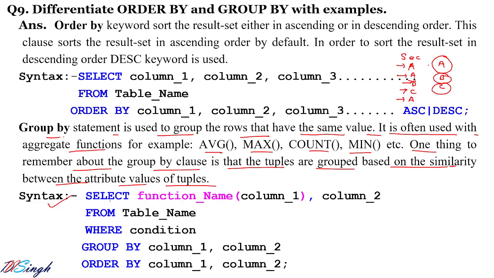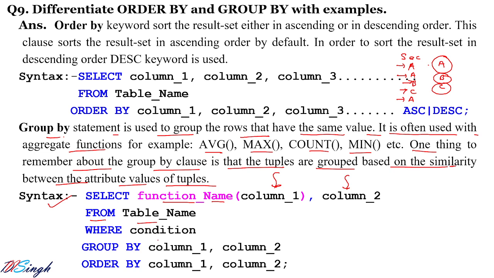Next, syntax: select function name. Remember, it is written there. Aggregate functions are used with group by, so you have to use an aggregate function on the column on which you are performing group, and then you can select the same column or other columns also, but single row and multi-row functions cannot be selected at the same time, otherwise SQL will give an error.